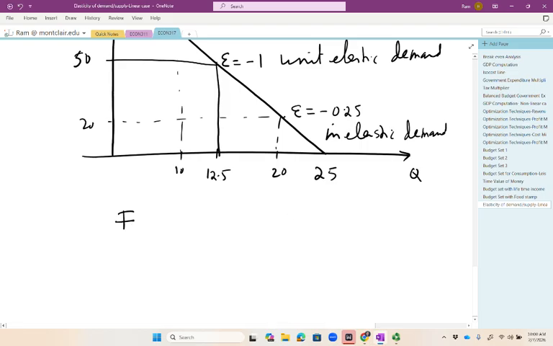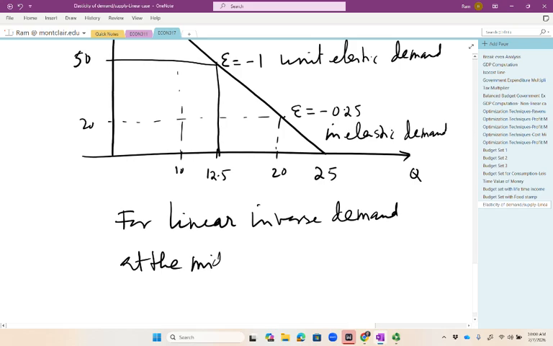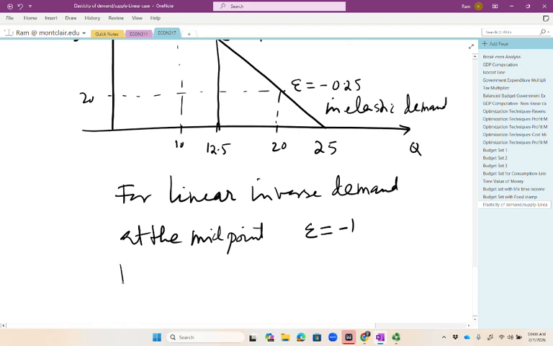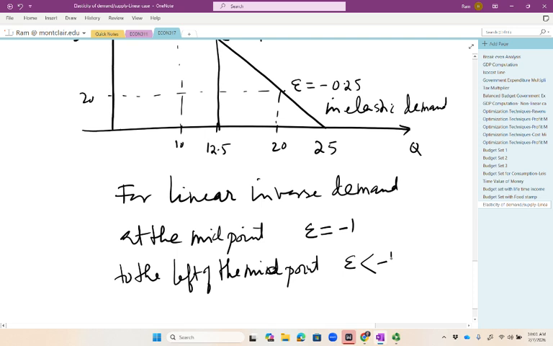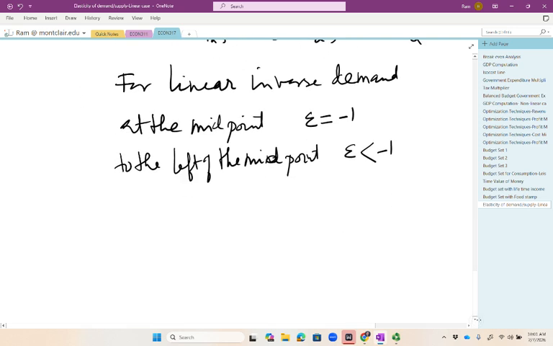So for linear inverse demand, at the midpoint elasticity will always be negative 1, unit elastic. To the left of the midpoint, elasticity will always be less than -1, which is elastic.